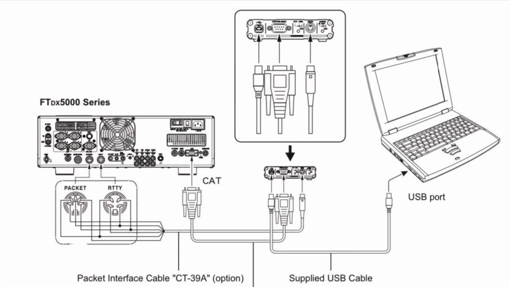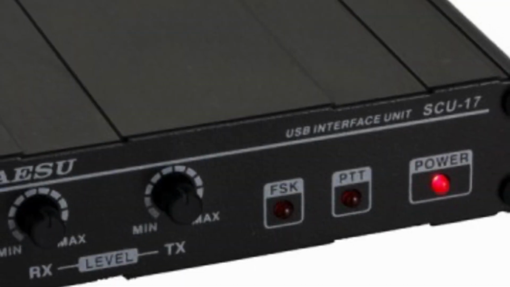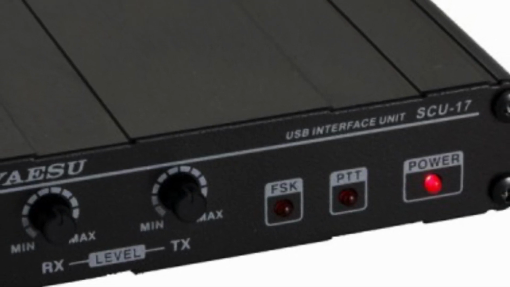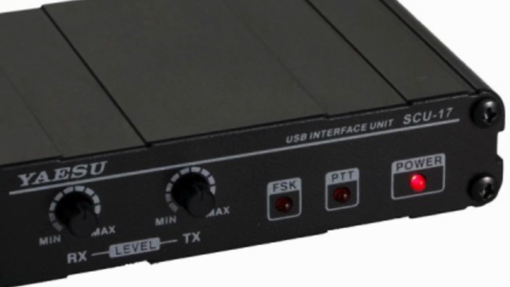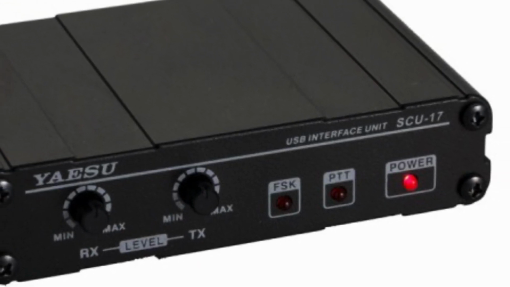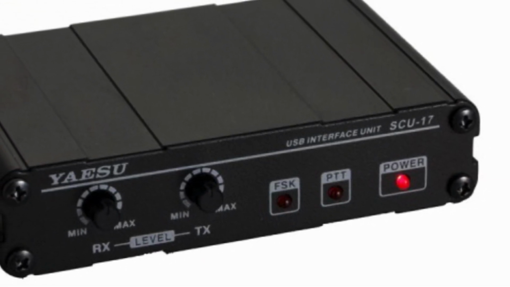The 5000 needs an external interface to act as both the CAT and the general digital interface. Now, I previously had a CAT lead, but no sound interface lead, so I purchased a Yaesu SCU-17, which is the sound card interface and USB interface for Yaesu rigs in general.